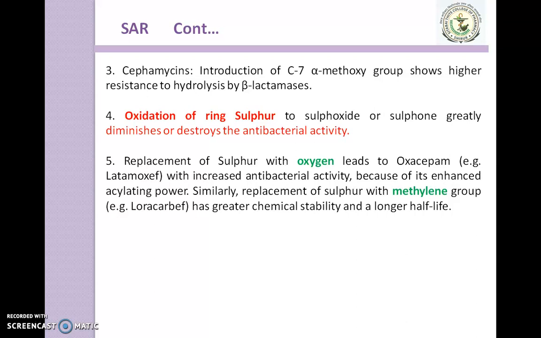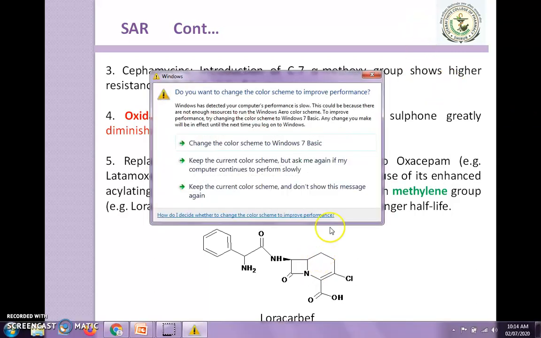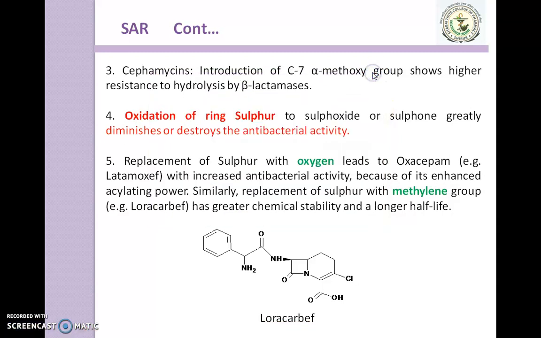Similarly, replacement of sulfur with a methylene group gives greater chemical stability and a longer half-life. Example, loracarbef. Here is the structure of loracarbef, in which the sulfur is replaced and there is the presence of a methylene group, that is a CH2 group, and it also shows very good antibacterial action.